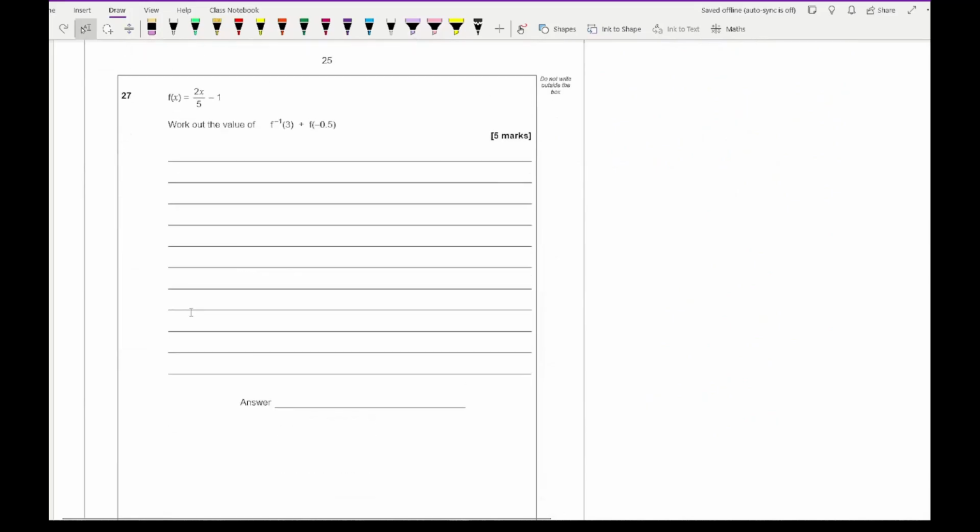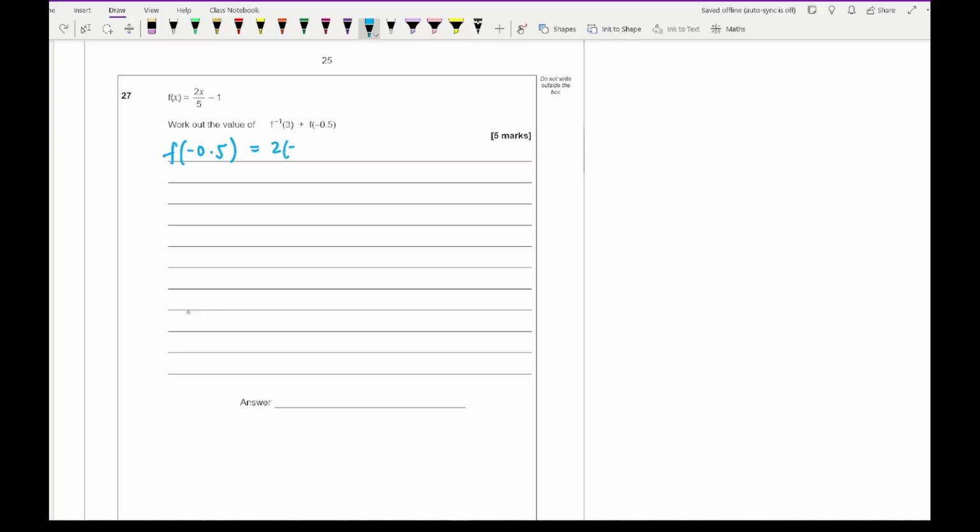Then moving on to our very last question. Question 27 involves functions. The question is asking, if f of x is 2x over 5 minus 1, work out the value of the inverse function of 3 plus f of minus 0.5. So first of all, let's work out f of minus half. All I need to do is substitute x equals minus half into the function f of x.